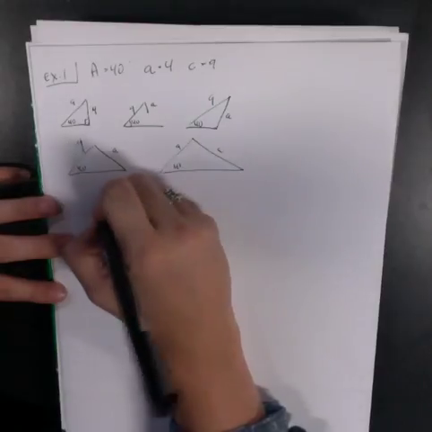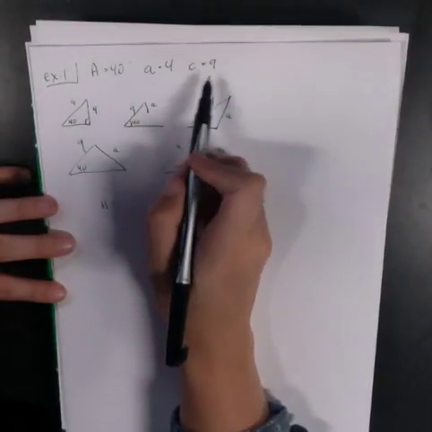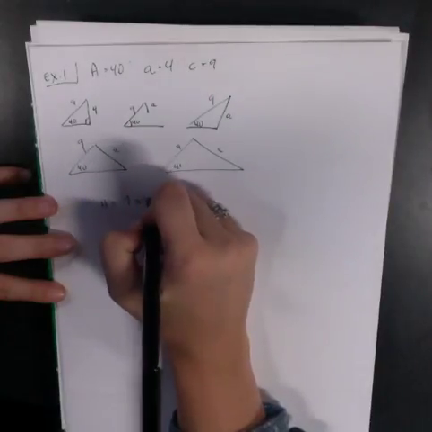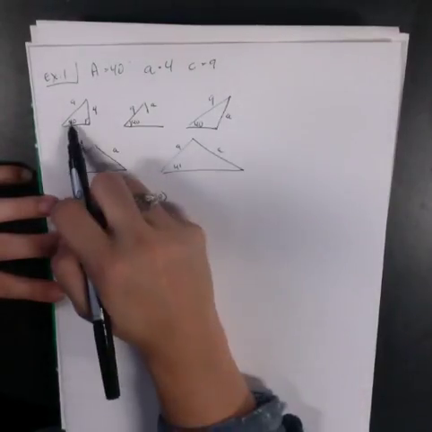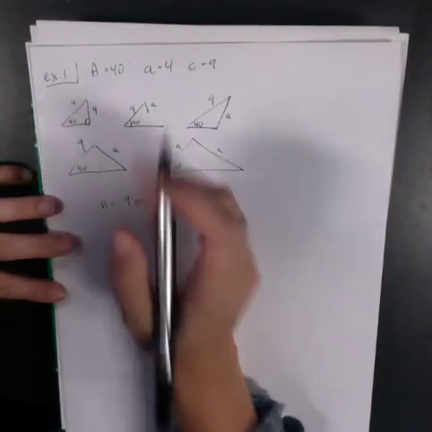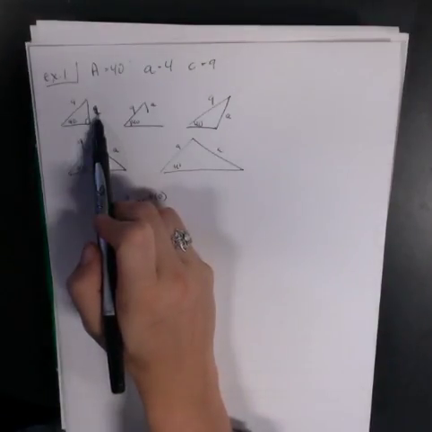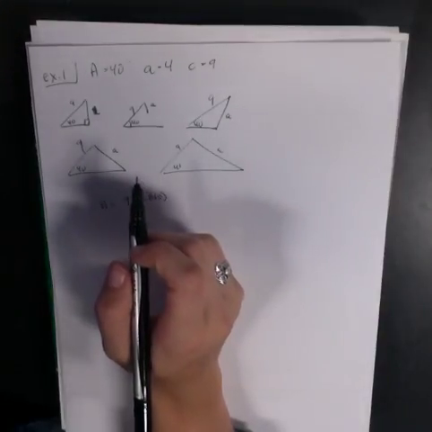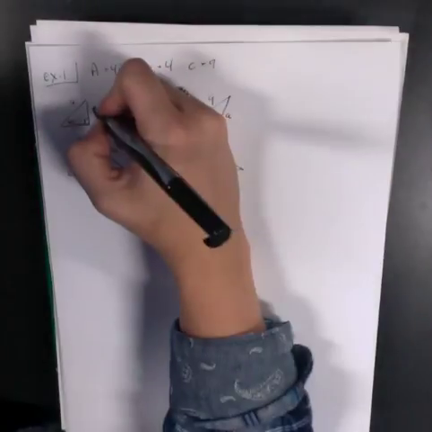Right? Our height is going to be our opposite side, c sine of 40. Right? If I look here, I don't know why I put 4. This should be a. If I look here to solve for h, the sine of alpha is opposite over hypotenuse. h in this case is equal to my height.